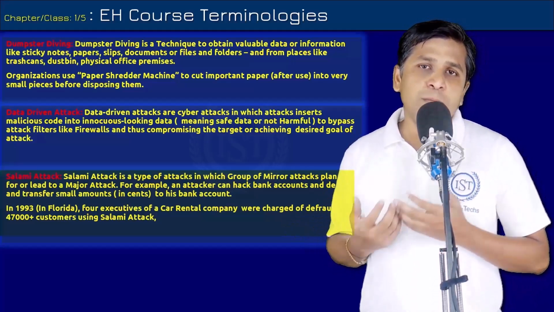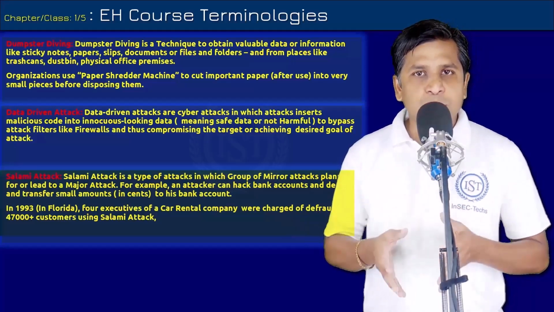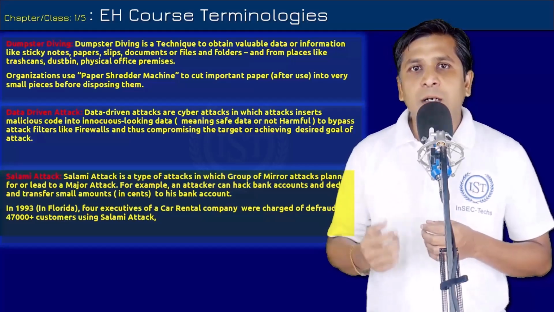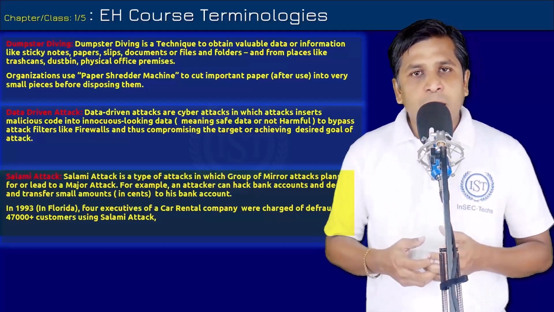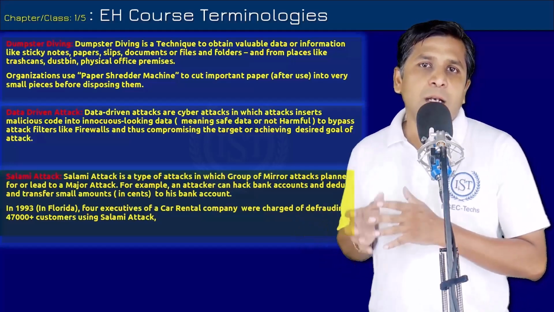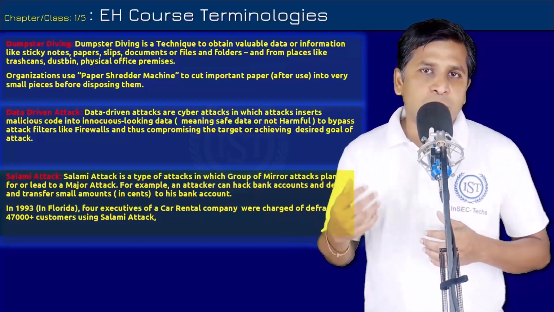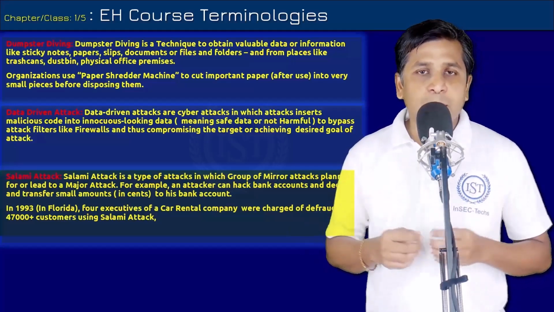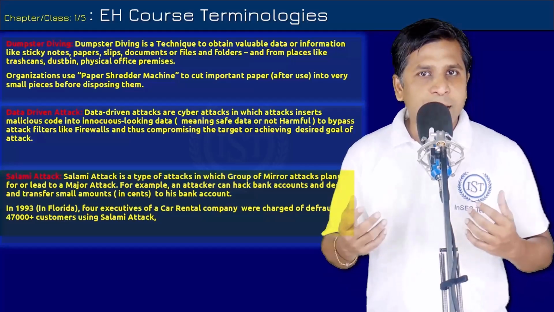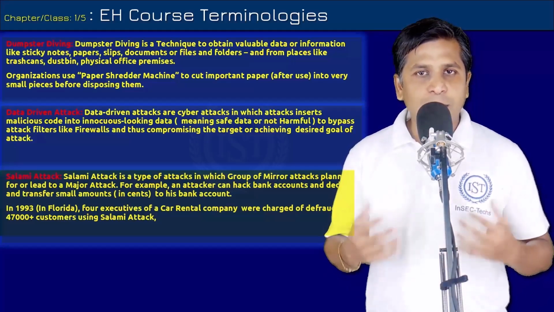That account could be a fake account. He withdrew or transferred 99 cents or $1 from 50,000 bank accounts. Eventually these small cents have collected to $50,000, which is a very big amount to that attacker. So salami attack or salami slicing is a form of cyber attack where small or minor attacks could lead to a potential major attack.